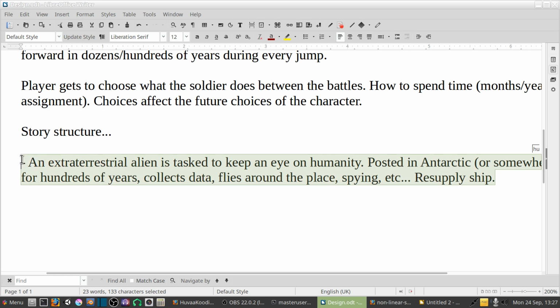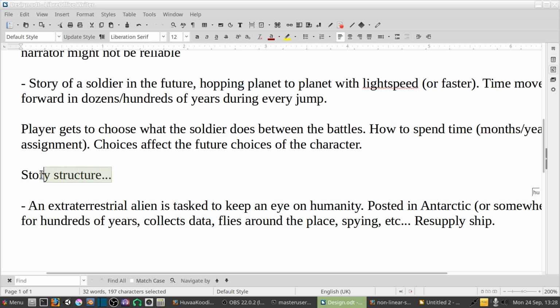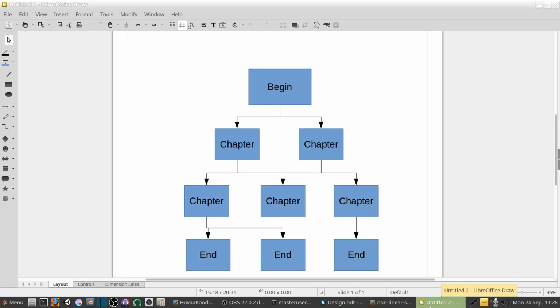And history is interesting. I am interested in history, so maybe this idea is better than I thought. And it also doesn't have the structure of this. It could be like this, of course, but I wouldn't make it like this.